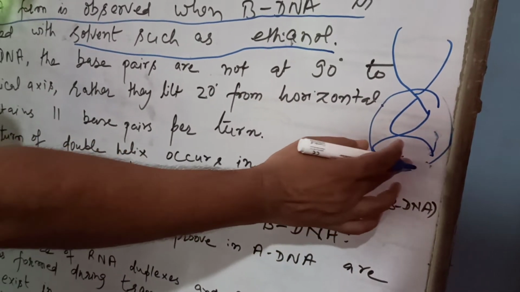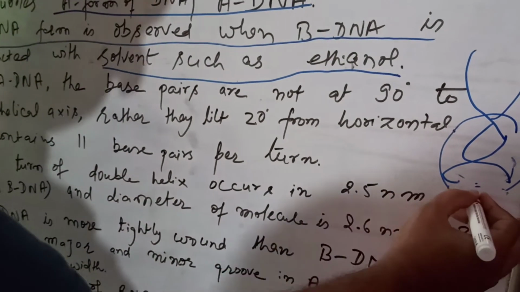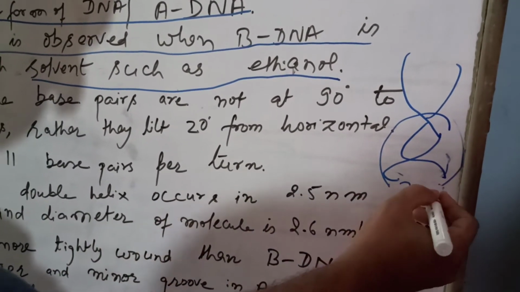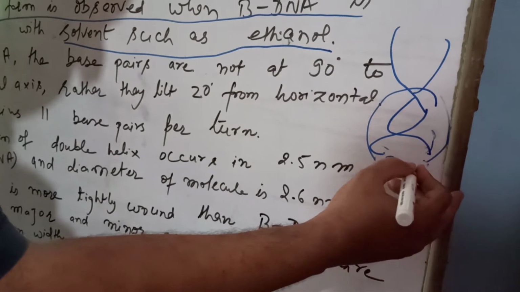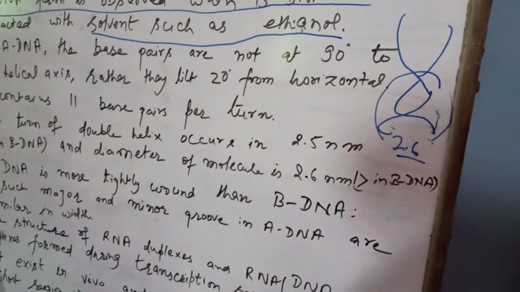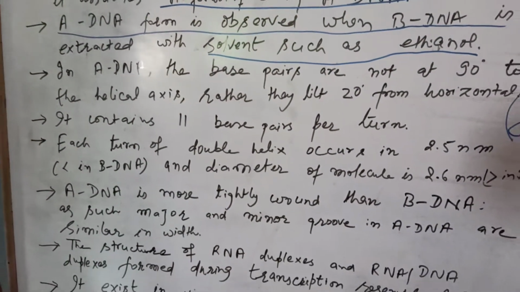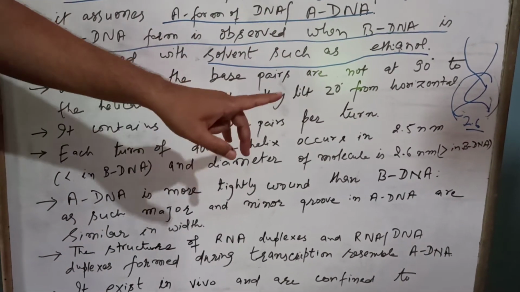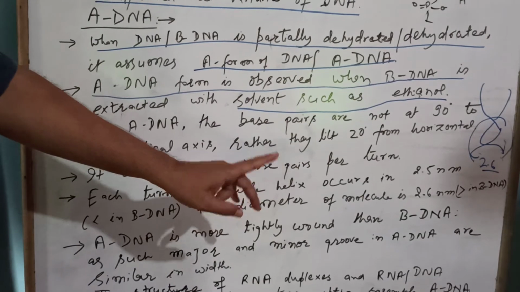The diameter in B-DNA is 2 nanometer, but in A-DNA it is more, 2.6 nanometer.